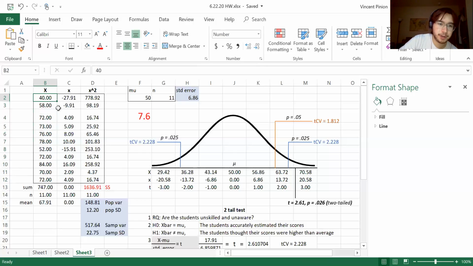For example, this 40, this person thought they scored in the 40th percentile, better than 4/10 or 2/5 of everybody, but they actually scored in the bottom 25th percentile, so the bottom quarter. All these people scored somewhere in the bottom quarter, but they think that they did much better. So these are the scores that they think they did.